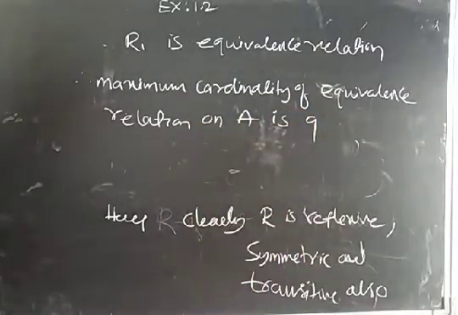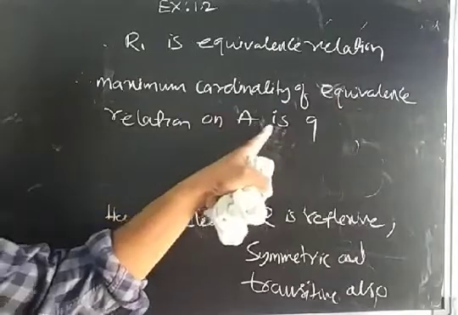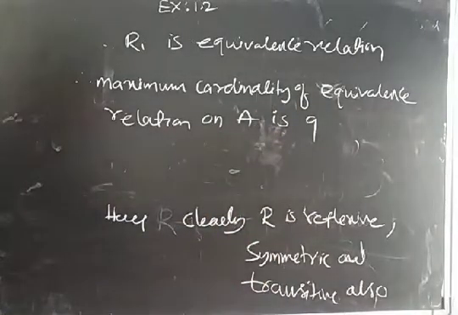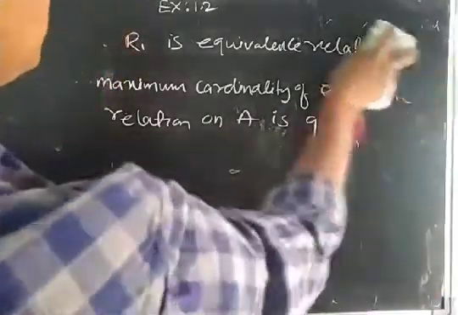The maximum cardinality of a relation which is defined on A is 9. 9 elements we should take. Okay, right.